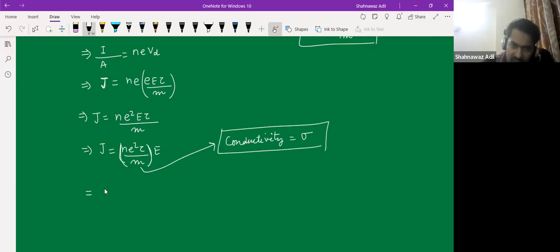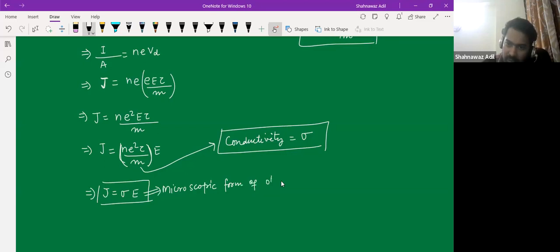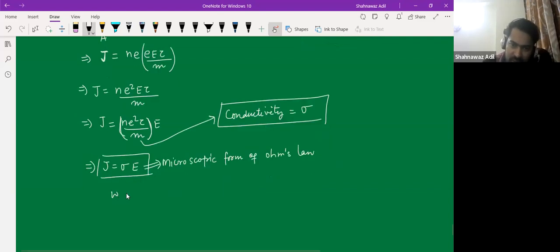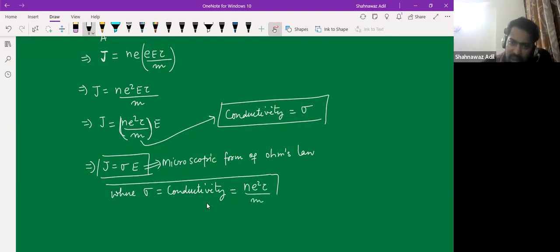So then we can write J as sigma E, and this is called the microscopic form of Ohm's law, where sigma is conductivity, which is represented as n e square tau by m.